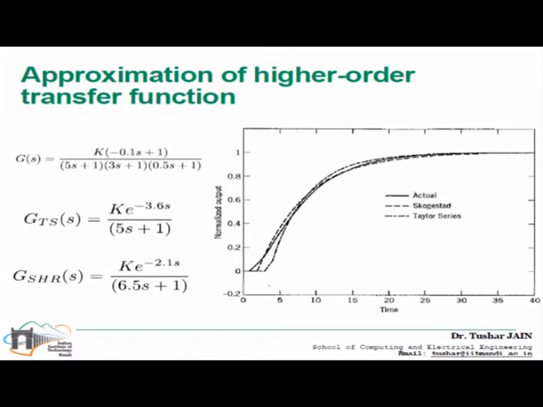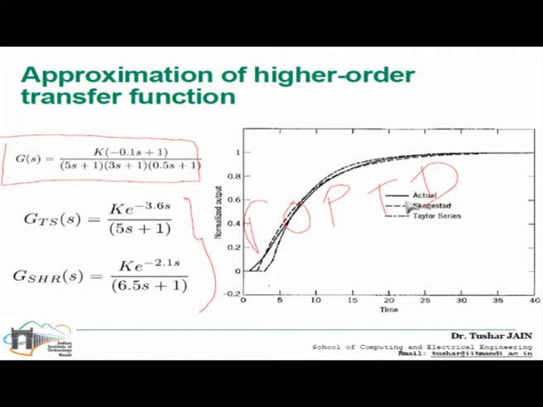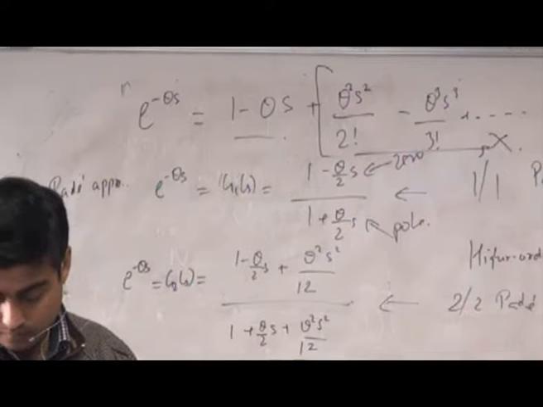Like I was saying, if you have a higher order transfer function with 3 poles and 1 zero, how can you approximate it by a FOPDT system? There are two rules. Either you use the Taylor series expansion like we saw here, or another rule called the Skogestad half rule. We'll see now how these two rules work.